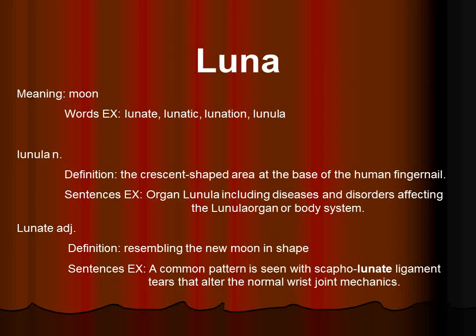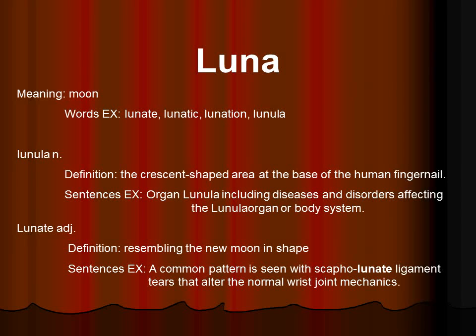And today's first Latin root is luna. The meaning of luna is the moon, and it includes everything related to the moon. Here are some word examples about the moon, like lunate, lunatic, lunation, and luna.